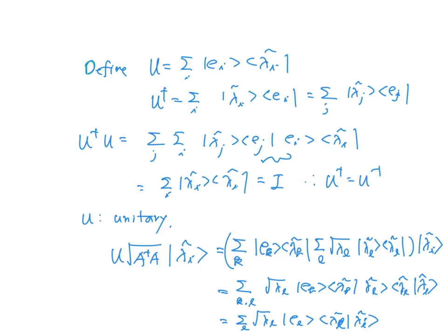Otherwise it's all 0. So I'll put some space here. So this actually goes to this. It becomes simply lambda I E I.